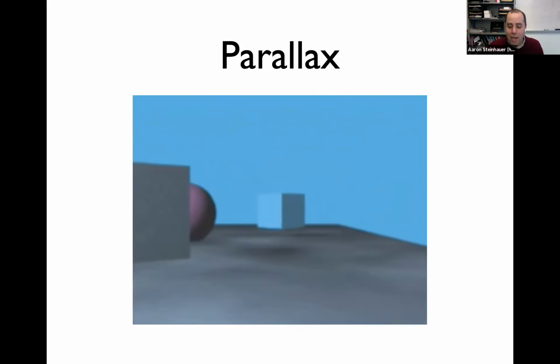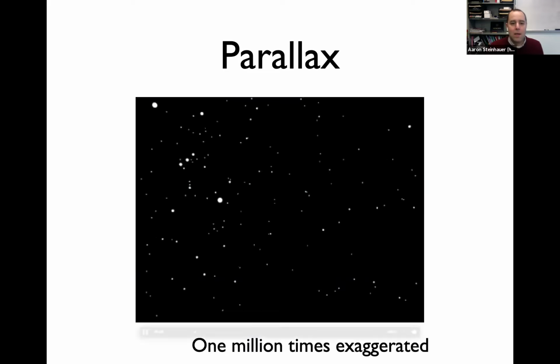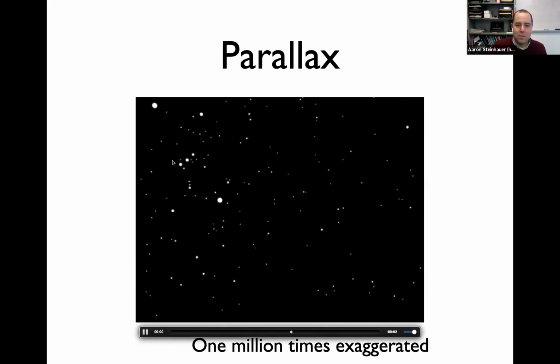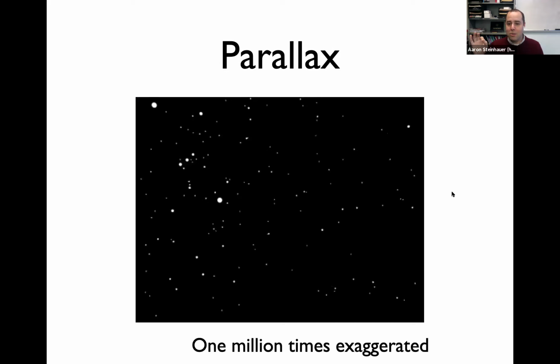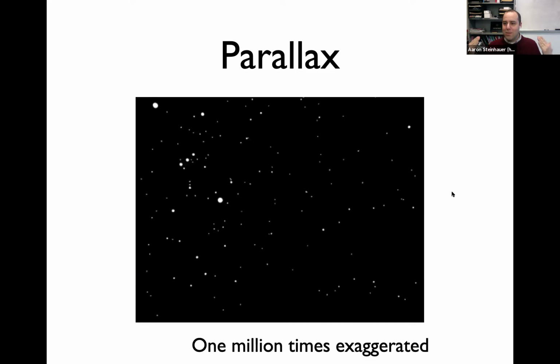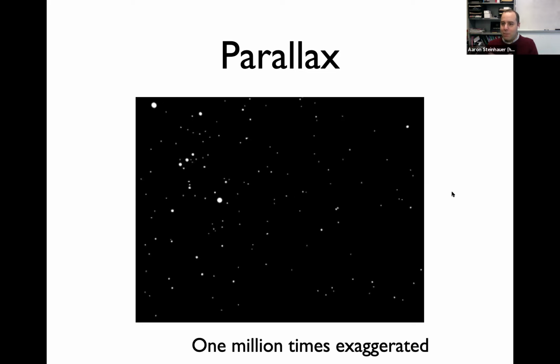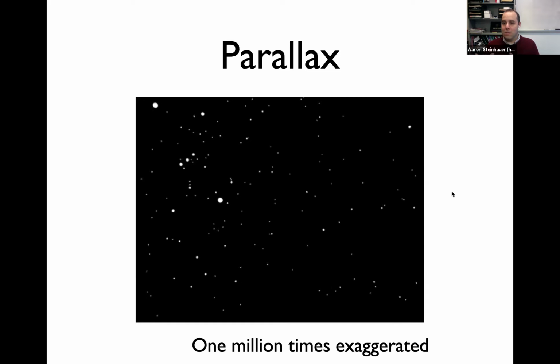Here is actual parallax of stars. Here is the Orion constellation with the 3 belt stars and Betelgeuse and Rigel and Bellatrix and Saiph, I think. Here's the Orion Nebula. The important point of this animated GIF is that these are showing actual parallax motions of stars exaggerated by a factor of 1,000,000. So if all of these stars were 1,000,000 times closer than they are right now, this is how they would appear to move over the course of several years as we're moving back and forth.